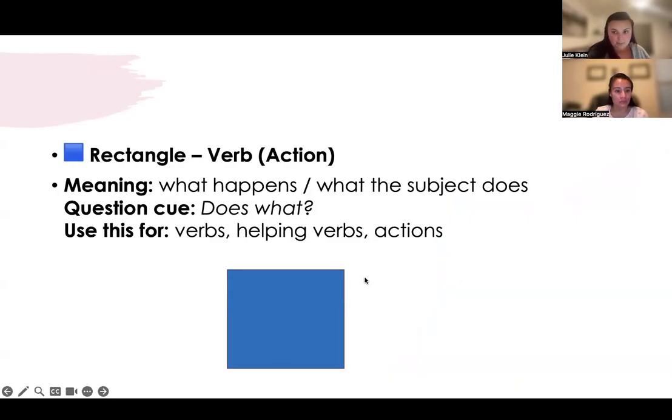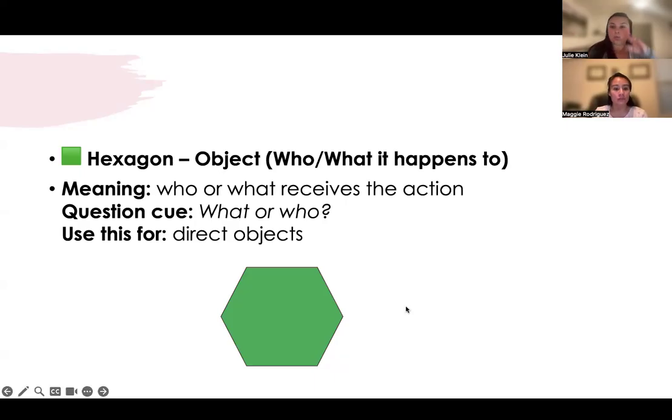Our next shape is our verb. It's what happens and what the subject does. So our question in the middle of that is going to be: does what? And the hexagon we'll talk about a little bit later, but that is like the object, who or what it happens to. So who or what receives the action?